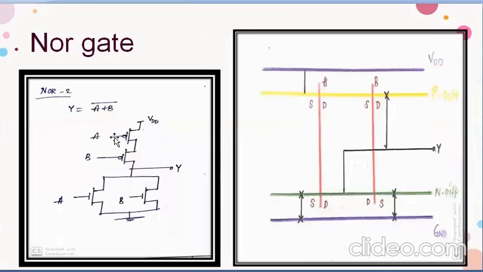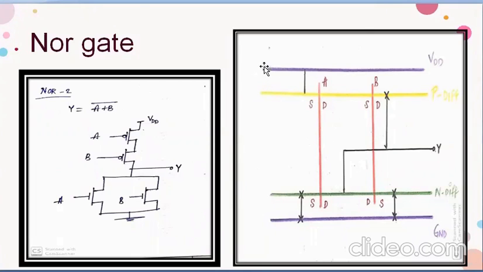Now let's see another one. For the NOR gate, a two input NOR gate, I have two inputs A and B. So I have to get two NMOS transistors and two PMOS transistors.